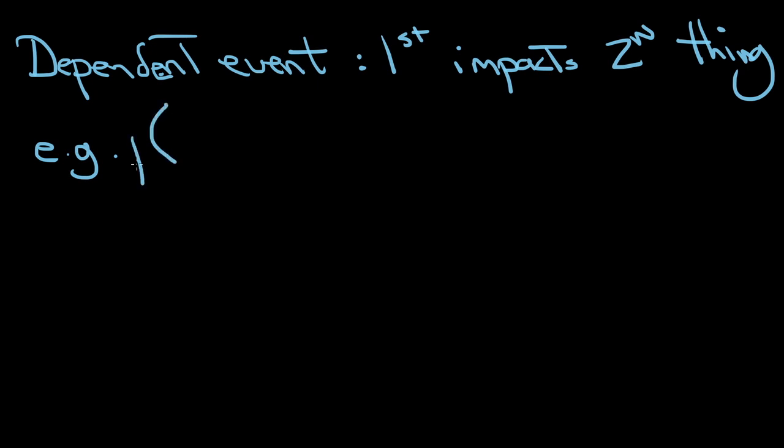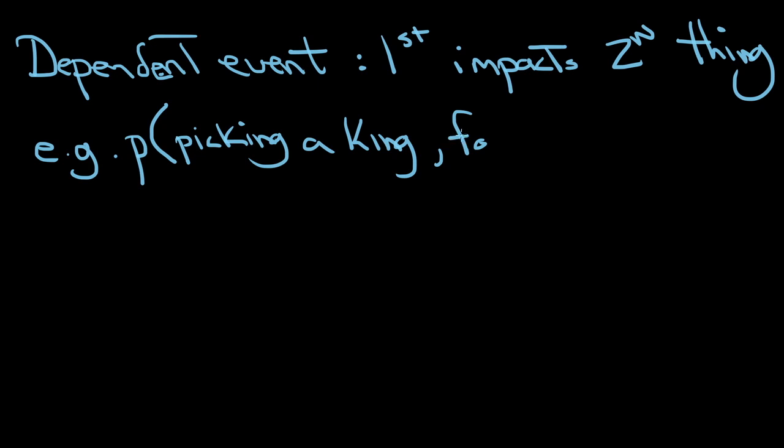So what's the probability of picking a king, followed right after by a 5?